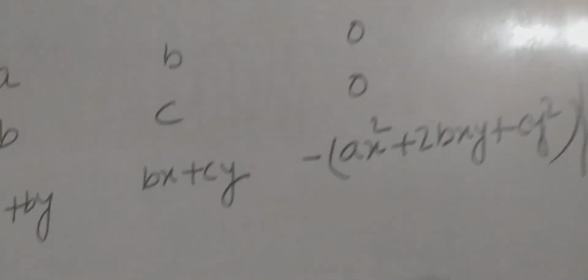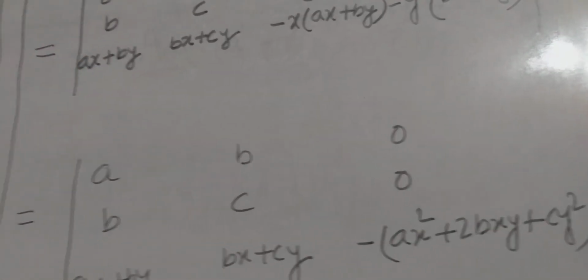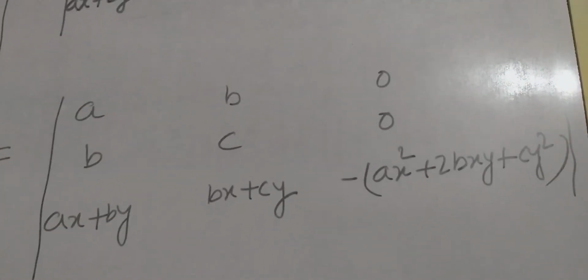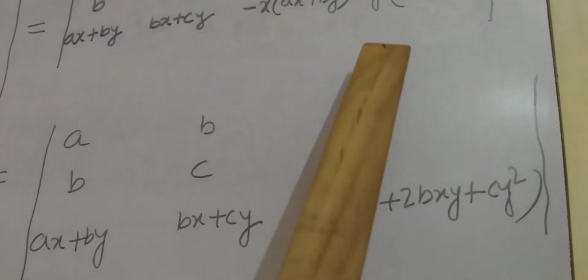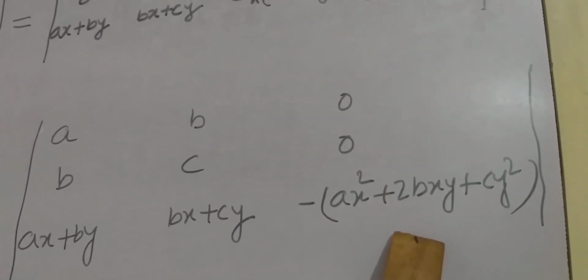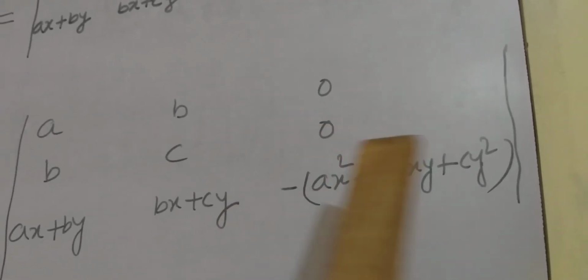Now students, you can see here we have got 2 zeros in the third column, so we can expand now. I am going to expand along C3, column 3. So it is 0, not required, it is 0, not required, right?